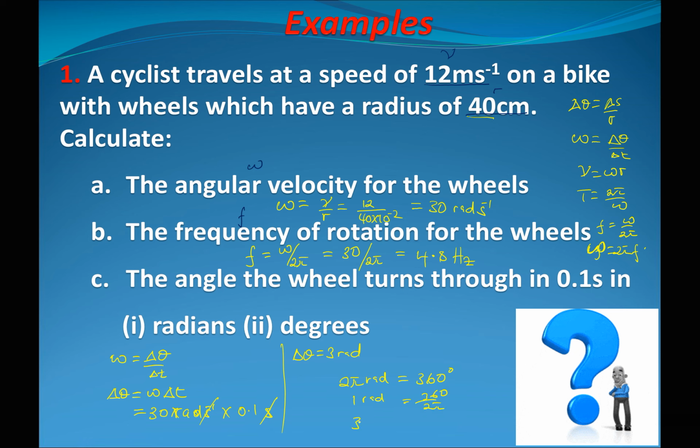And therefore, 3 radians is going to be 3 divided by 2 pi times 360. So the answer here is going to be 172 degrees approximately. So the answer in radians is 3 radians. 3 radians is equivalent to 172 degrees. So that is the question that we have solved. I think it's not really very, very hard.